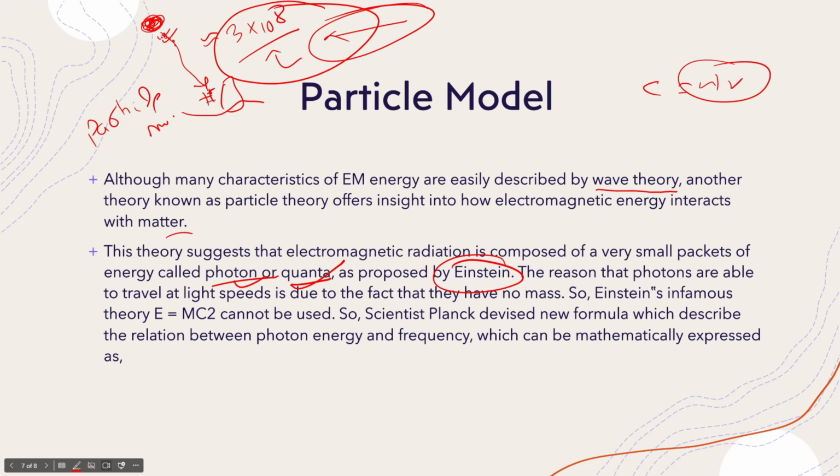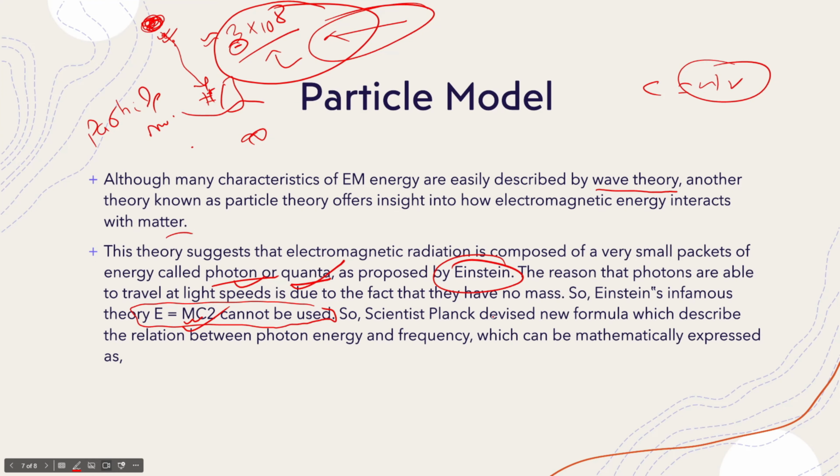If it had some mass, then its mass would go to infinity at the speed of light. So quanta have no mass, and Einstein's famous equation E = mc² cannot be applied here.